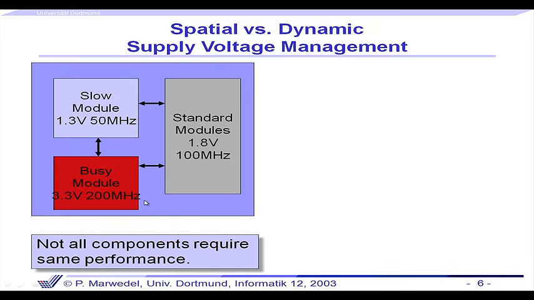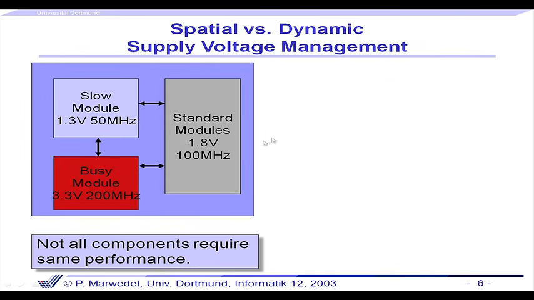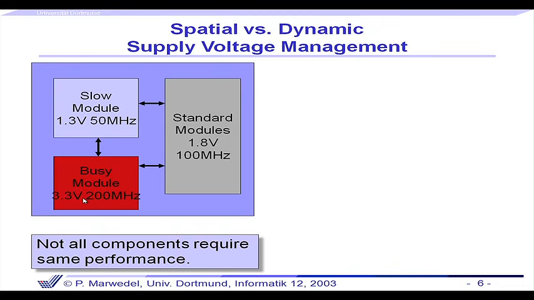From this sort of curve, I can say that at a particular VDD, what is the frequency that I can get. At 3.3 volt I can run it at 200 megahertz, whereas this one is a standard one, not that busy. I run it at 1.8 volt, which allows me to run it at 100 megahertz.